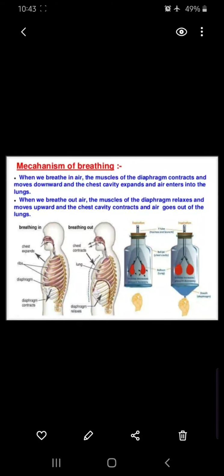Animals have evolved different organs for uptake of oxygen from the environment and for getting rid of the carbon dioxide produced. Terrestrial animals can breathe the oxygen in the atmosphere, but the animals that live in water need to use the oxygen dissolved in water.